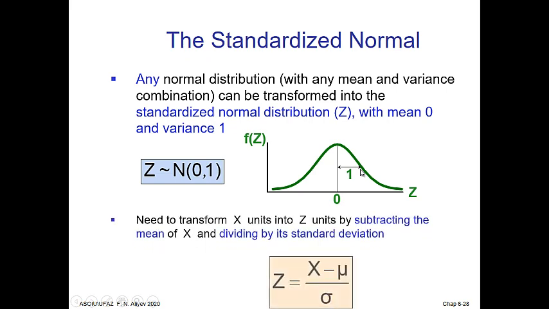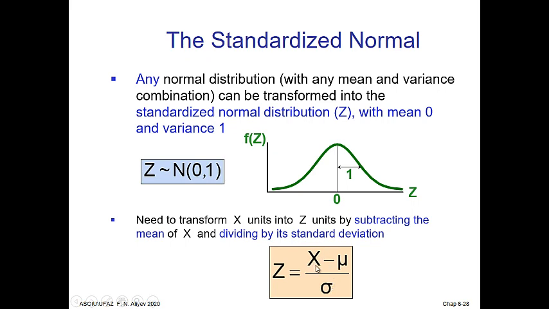We will transform a normal distribution to the standard normal distribution by using this formula. X is our normally distributed random variable, mu is the mean of this random variable, sigma is the standard deviation of the random variable.